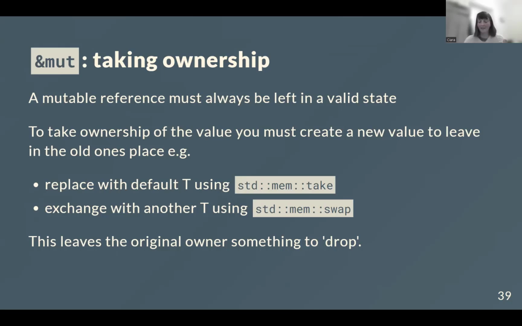So again, you can think of this as swapping the stack memory. It will be the classic example. So it doesn't know that it doesn't have the same data underneath, and I've still left it in a valid state, but I have kind of taken ownership of the thing inside.